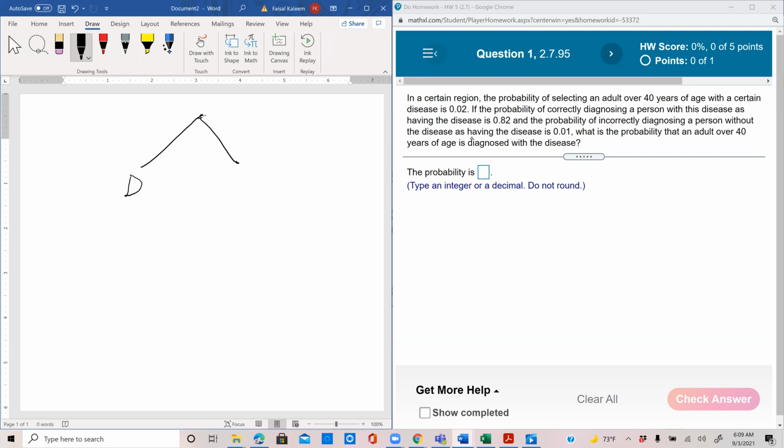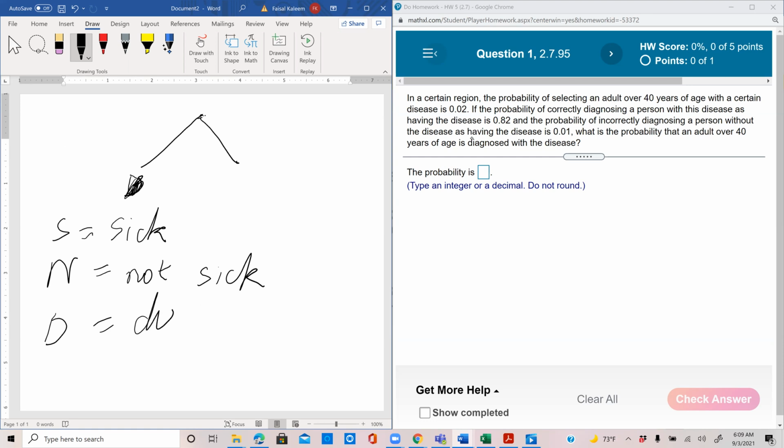So a person may be sick, S, sick, N, not sick. And then D is diagnosed, and let's say X being not diagnosed.